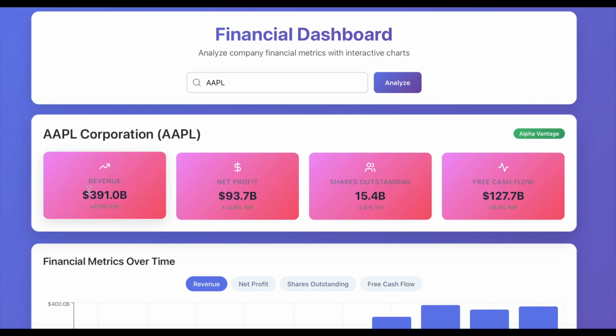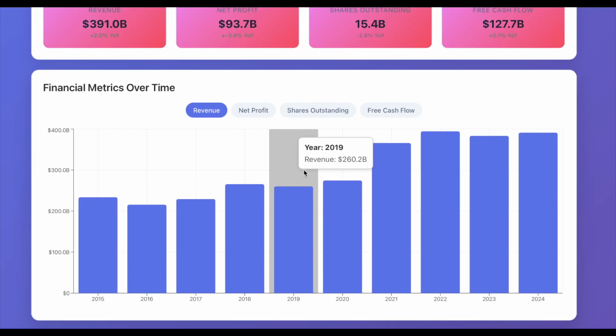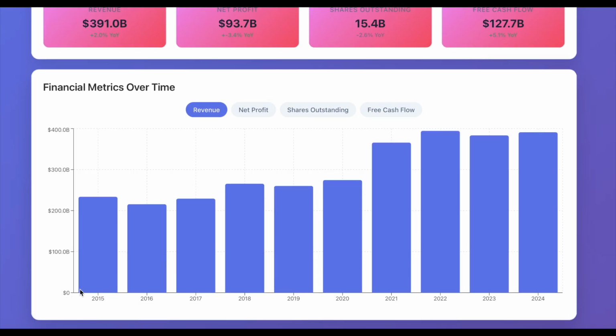So firstly is just a quick overview of some of the key financial metrics. So you've got revenue, net profit, shares outstanding, and free cash flow. But if you scroll down a bit, you can actually see some of this information in a graph over a period of 10 years. So you can see, for example, the revenue of Apple and how it's grown or declined over the past 10 years.